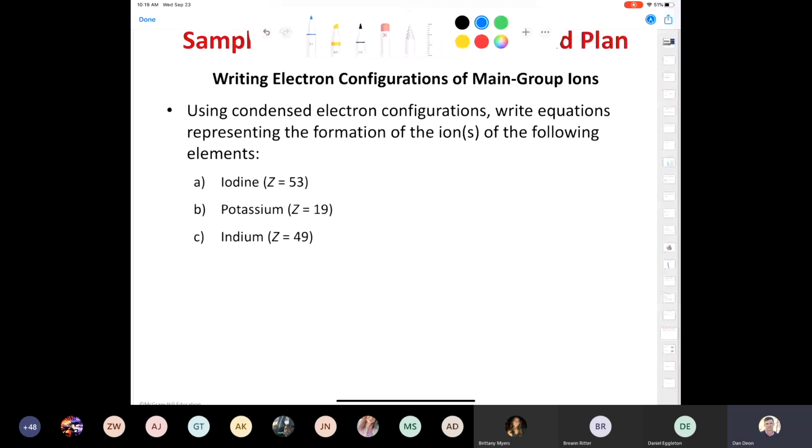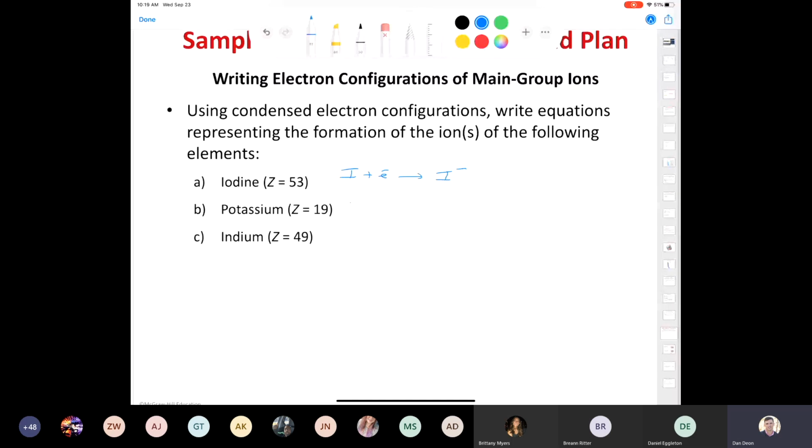Yeah, iodine likes to gain 1 electron so that it can become isoelectronic with xenon. We could write that out: iodine plus an electron gives you I-. So then we could write out the complete electron configuration for iodine.